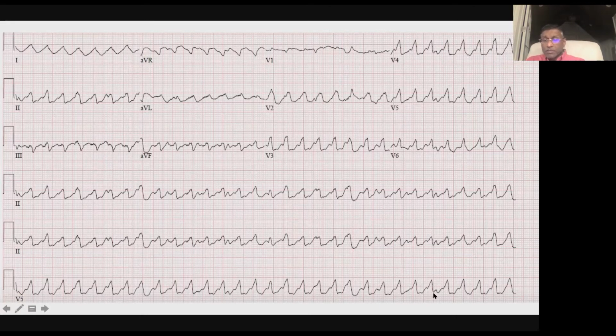And if you look at the rhythm here, look at this. What's this doing over here? This looks like a P wave out of the blue. You agree? And sometimes you see it, sometimes you don't in the ST segment. So the important place to look for P waves is between QRS complexes.